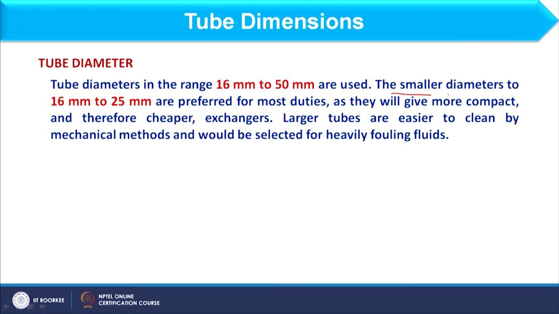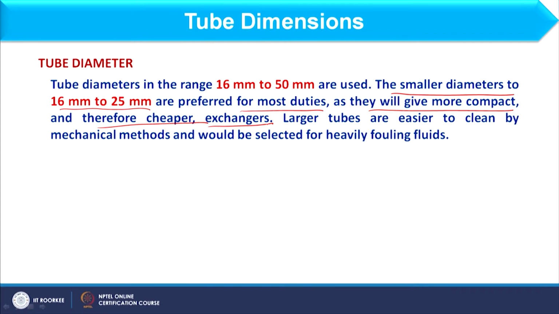So smaller diameters like 16 mm to 25 mm are preferred for most duties as they will give more compact and therefore cheaper exchangers. Now if I ask you what is the parameter which enhances the cost of a shell and tube heat exchanger, that parameter is the diameter of the shell, right.